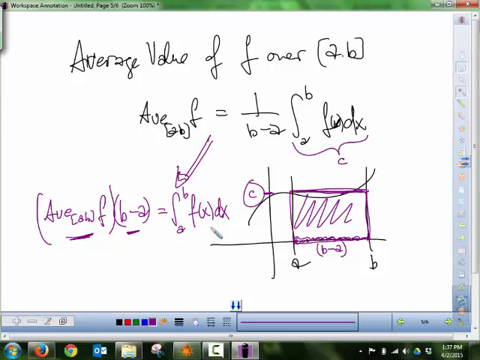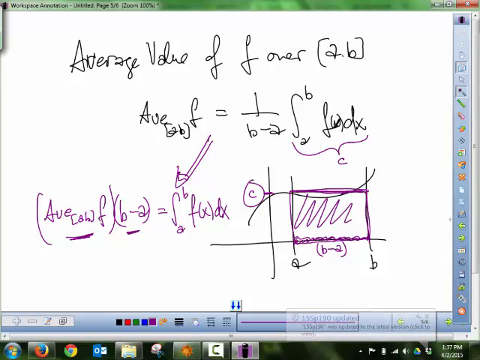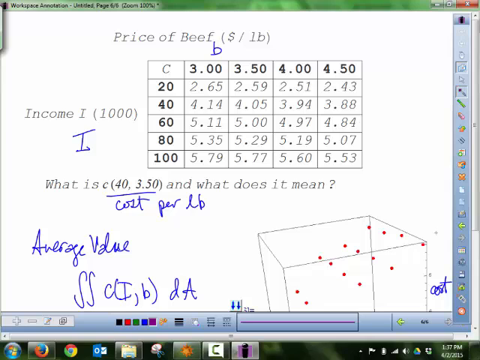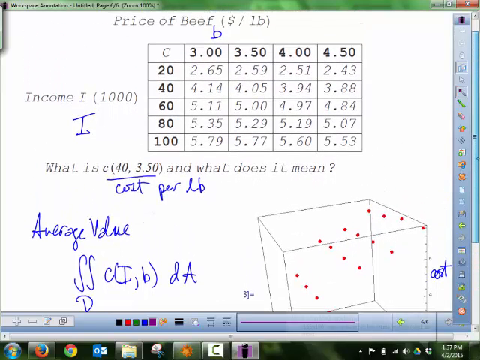Okay. So if we think about that as one of our first applications for our double integral, we can take a look at and define an average value over a region. So the average value of this thing, we can think about this as an application.